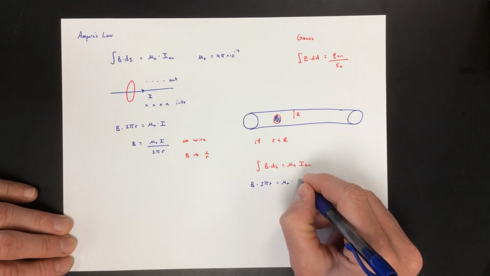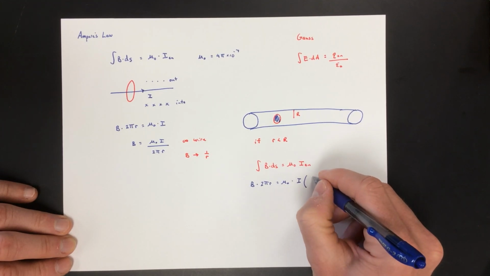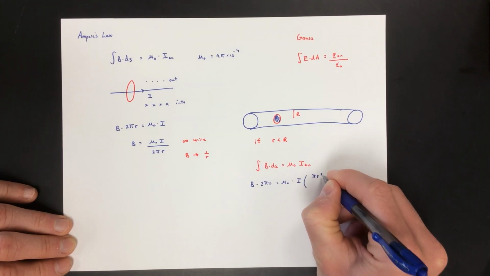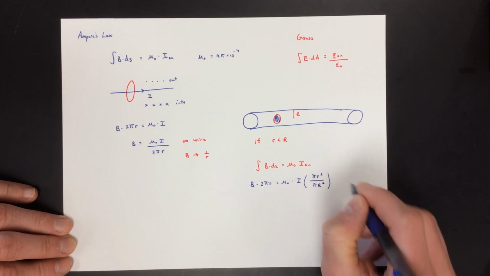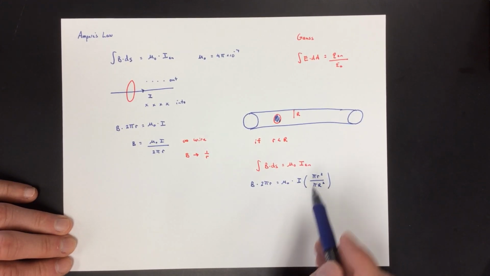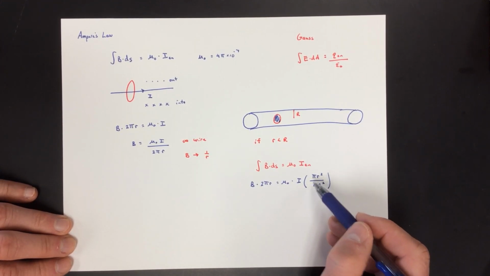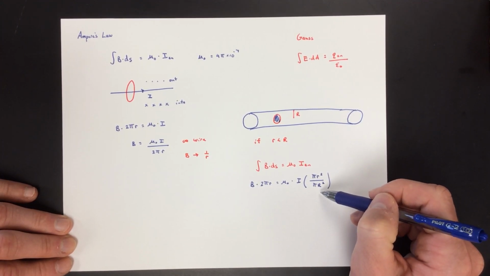However, if you take the total current I and multiply by the proportion pi r squared versus pi R squared, you get the proportion of the total current that's going through your small area. This is the area of your Amperean loop versus the total area of the cable.